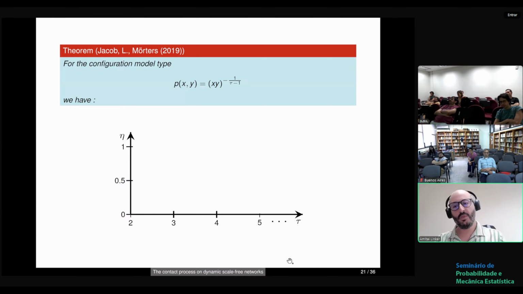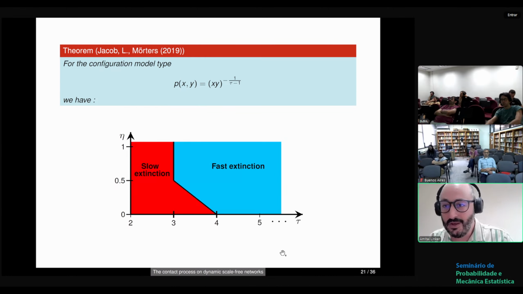Okay, so what is our main theorem? I'm not going to give the theorem in full because it's long and unnecessary for a presentation. So for the configuration model type with this kernel, before we were plotting everything against tau, but now we have to include the new parameter eta. And what we have here is the following graph, in which you have slow extinction in this region over here, going to infinity vertically, and fast extinction over here.